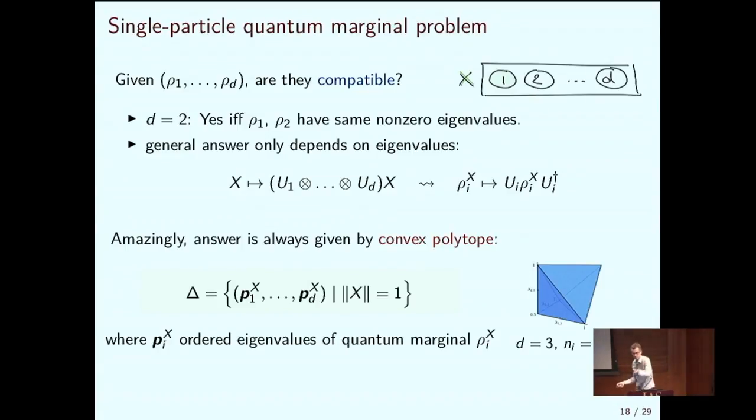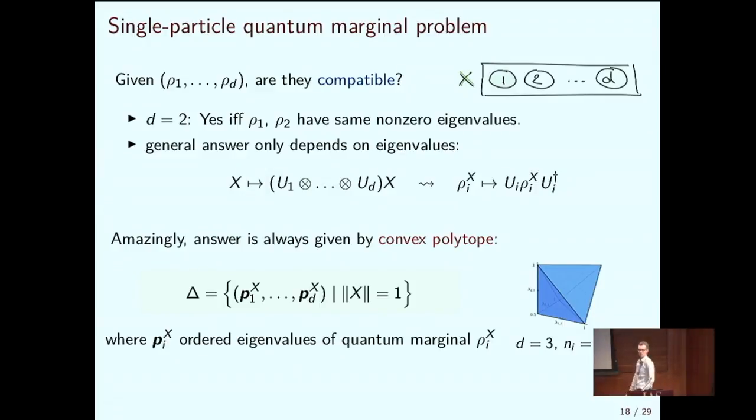Let's order this distribution for concreteness, and call these bold letter p i x. That's a bit of a mouthful. That's a vector, the vector of ordered eigenvalues of rho i x, and rho i x is the ith marginal of our quantum state x. Okay, sadly we have to unpack this now. But given this definition, that's a simple object. We just look at this collection of eigenvalues.